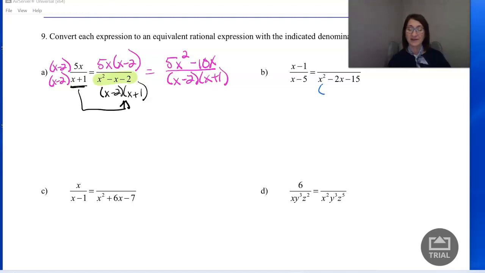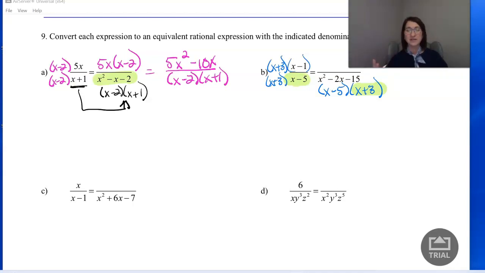So I'm going to factor. When I factor, it's going to give me x minus 5, x plus 3. So I can see what's missing from that first denominator is this x plus 3. So I am going to multiply by x plus 3 over x plus 3.